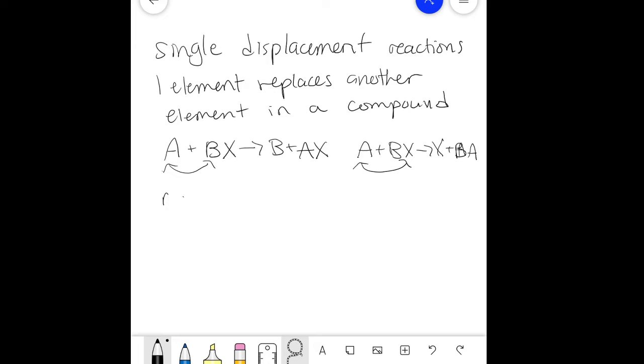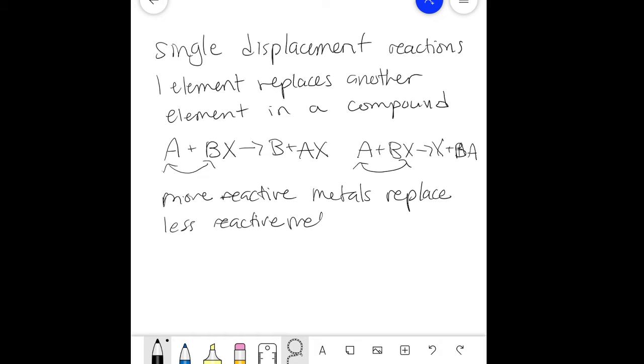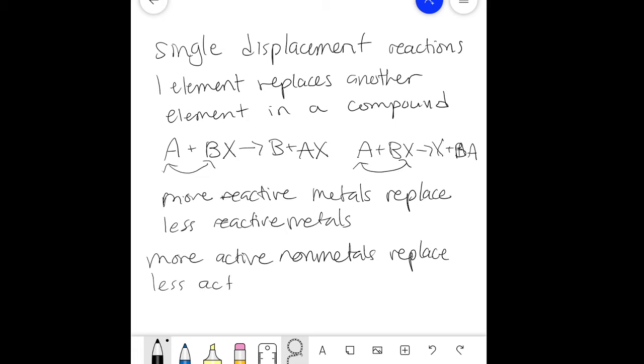So more reactive metals replace less reactive, or less active, metals, and the same thing with nonmetals: more active nonmetals replace less active nonmetals. As always, positives go with positives, negatives go with negatives.